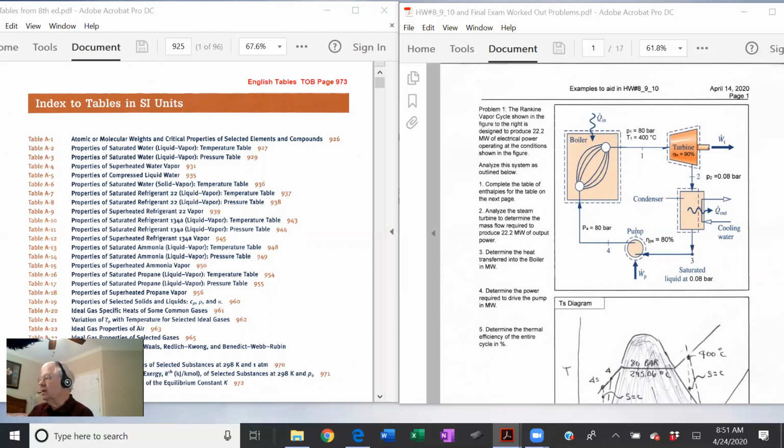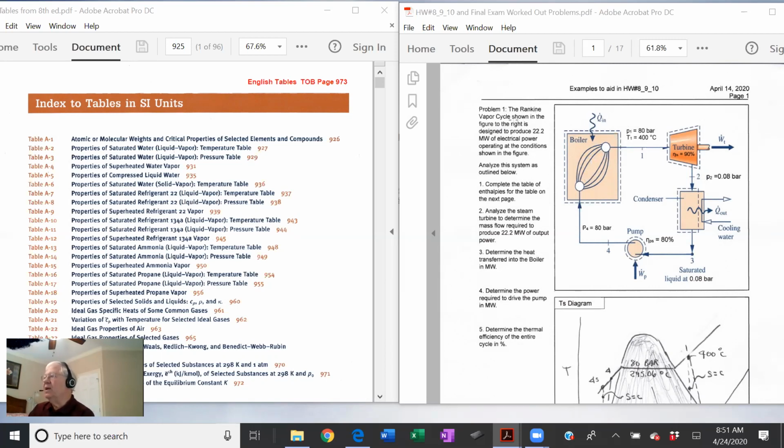And this is all at low pressure. It goes through the pump, and it's pumped up to the high pressure of the boiler, where the heat input to the boiler is. This heat input can be coal, nuclear, even solar heat. And it produces steam at a relatively high pressure and temperature, ready to go through the turbine. This process continues.